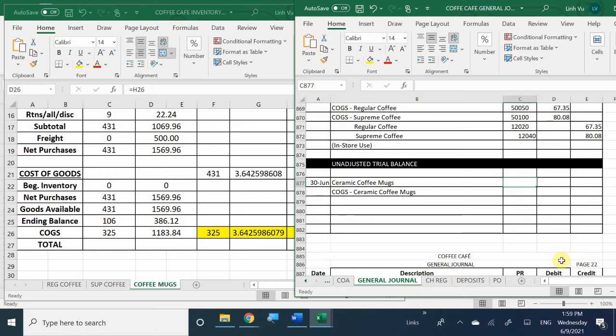When we purchase our periodic inventory, where did we journalize them as? Look at your journal if you need to. When we receive coffee mugs, where do we record them?